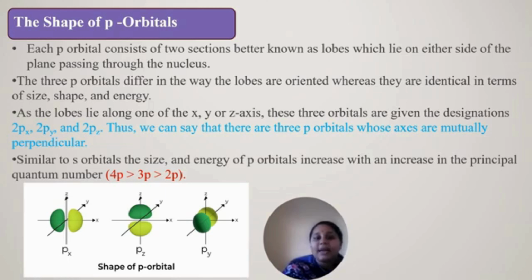As they lie along the respective directions, they are named px, py and pz, and they are mutually perpendicular. Similar to the s orbital, as the size increases, the energy also increases with the increase in the principal quantum number. That is, 4p is greater than 3p, greater than 2p.